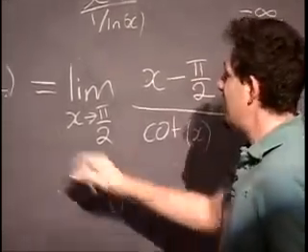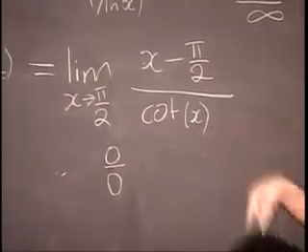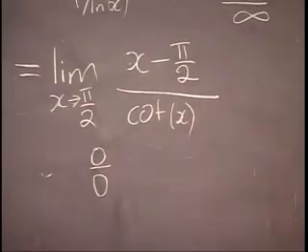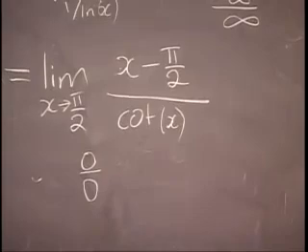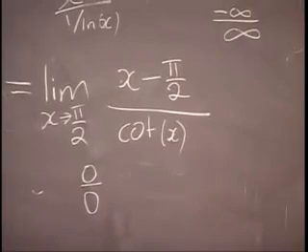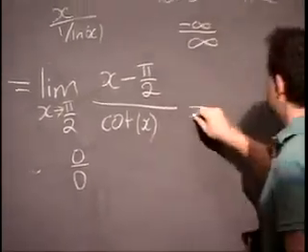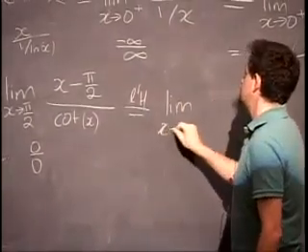After all, if tan pi over 2 is plus or minus infinity, depending on which side you go to, the reciprocal must be 0. Indeed, cotangent of pi over 2 is 0. It's cosine pi over 2 over sine pi over 2, which is 0 over 1. So this is a 0 over 0. We can use L'Hopital's rule, fully justified in doing so.